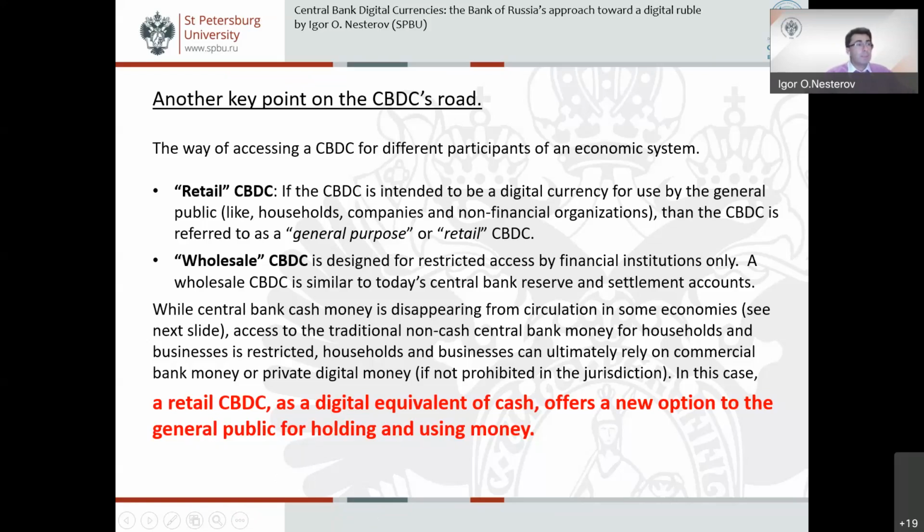What I meant. As you probably know, traditionally central banks have, for various reasons, tended to limit access to traditional non-cash account-based central bank money to banks only. That means that those accounts opened in the central bank are available only for commercial banks, not for individuals or companies.